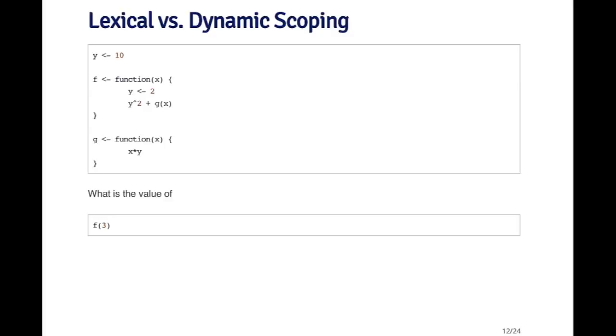What's g? g is another function which takes an argument called x, and it multiplies x times y. In the f function, y is a free variable, and g is also a free variable. The g function is not defined inside of f, nor is it an argument to f. And in the g function, the symbol y is a free variable. So the question is, if I call f of 3, what gets returned?